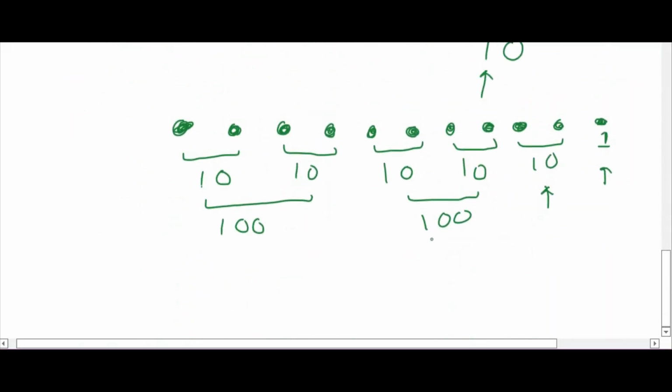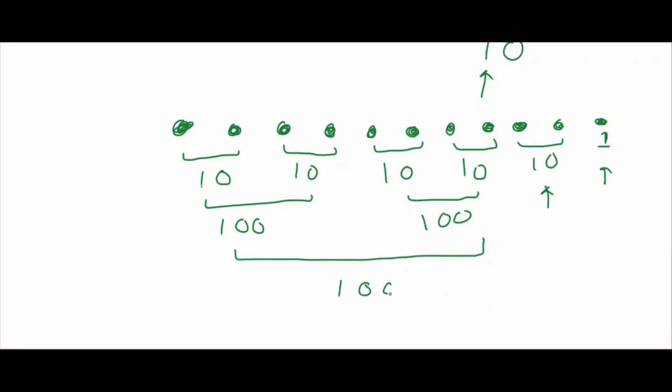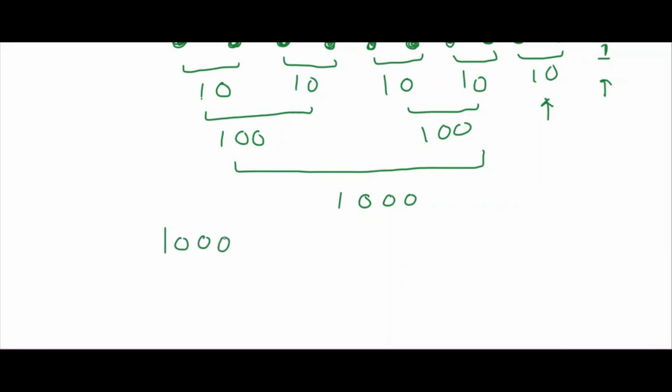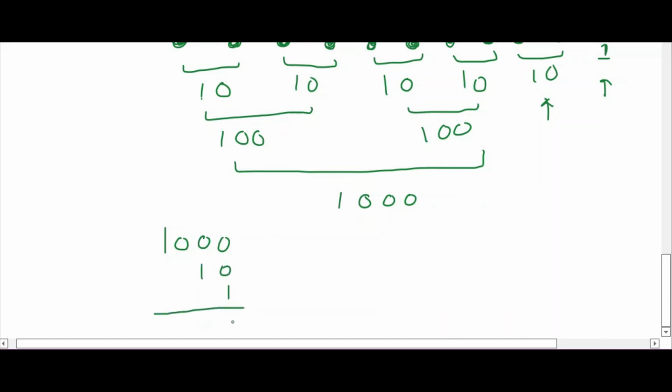Yes, we can. These can be further grouped together into the next level. So the highest level that we have achieved is 1, 0, 0, 0, and then we have some leftovers. So we will just bring them as well. Let's add them together. I get 1, 1, 0, 1 base 2.